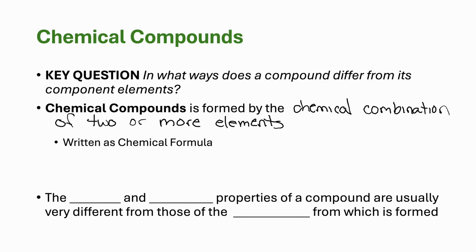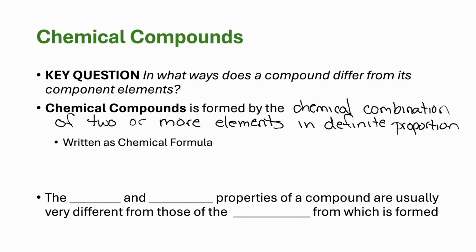So again, two or more elements in a definite proportion. In other words, H2O. Water always forms with two hydrogens and one oxygen.